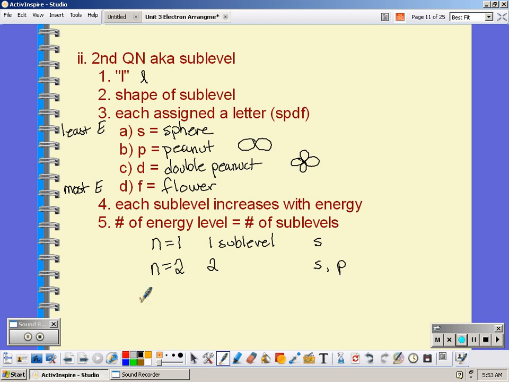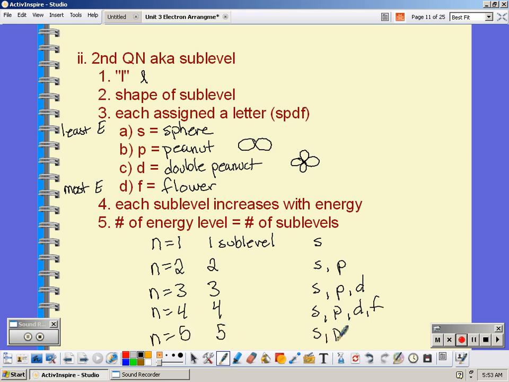If we're on the third energy level, we have 3 sublevels, s, p, and d. If we're on the fourth energy level, we have 4, s, p, d, and f. If we're on the 5th energy level, we have 5. The first 4 are s, p, d, f, and then we have a 5th one that we don't really need to know about, but it is there.